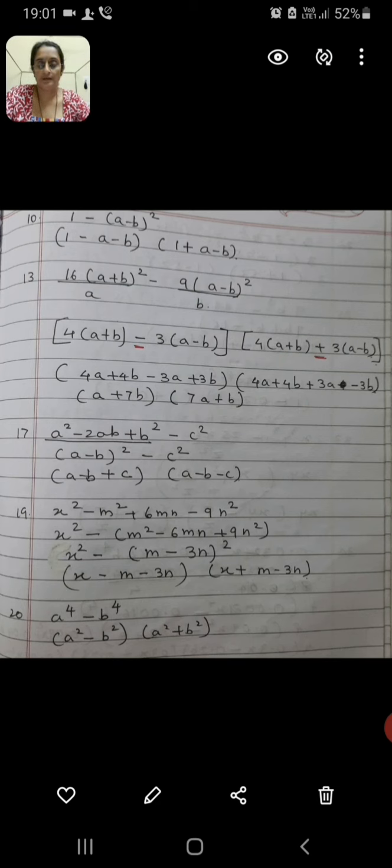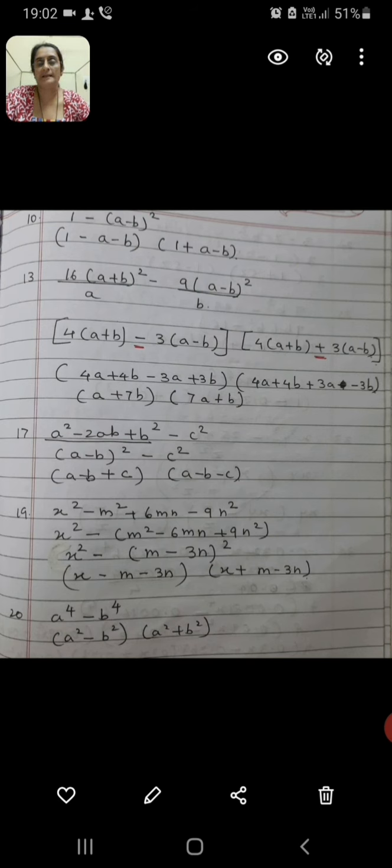Let us go to the next question, that is the 17th question. This question is a little different. We have to solve it a little differently. Now the question is a square minus 2ab plus b square minus c square. Here we won't get direct roots of these terms. So what we have to do is split the expression into two parts. The first part I have taken is the first three terms, that is a square minus 2ab plus b square.